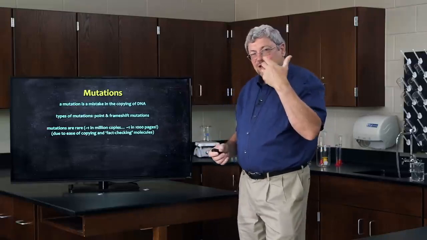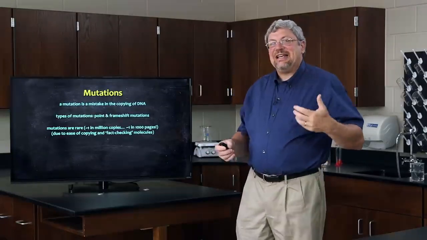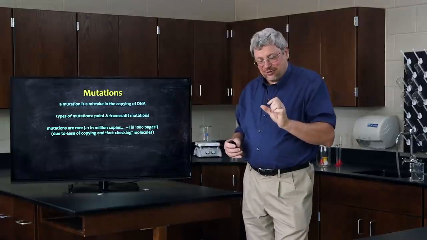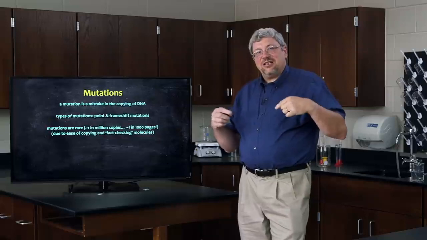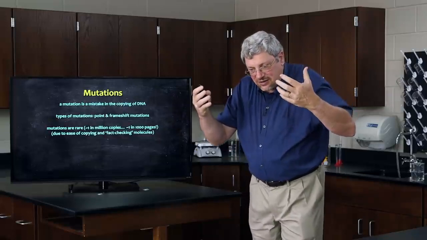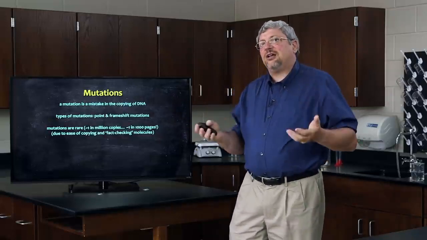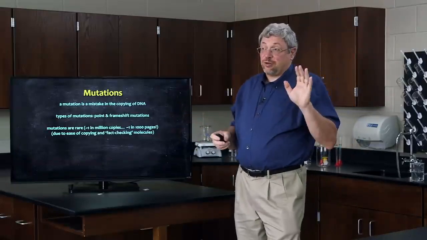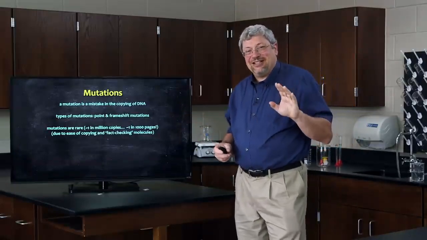It could be that they make a mistake and put an A rather than an E. Of course, it's in Hebrew, so it's different actual letters. But the idea is that humans make a lot more mistakes than DNA makes in its copying, fortunately, because otherwise we'd all be dead.